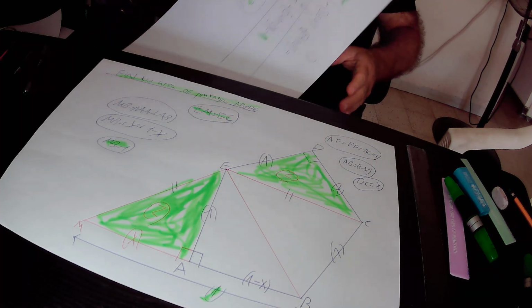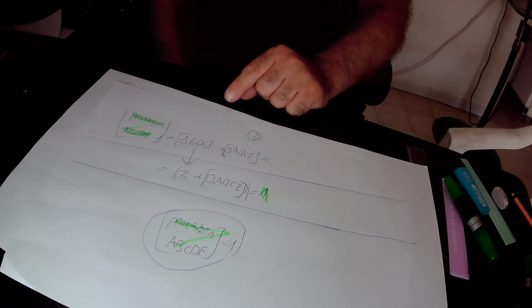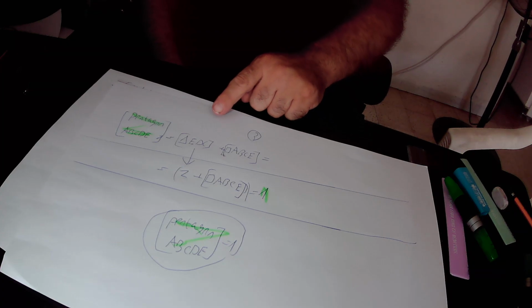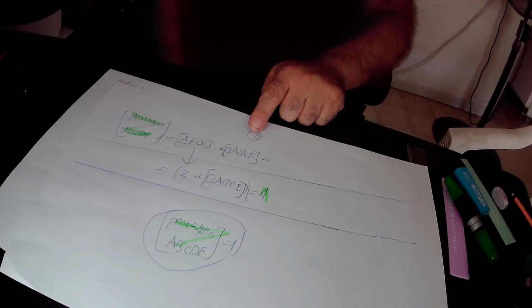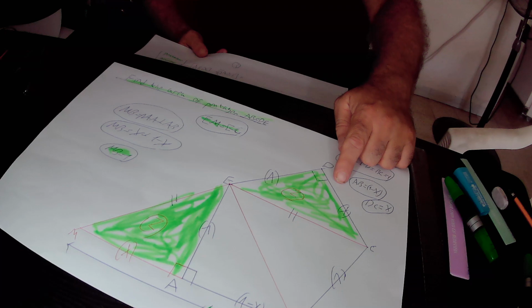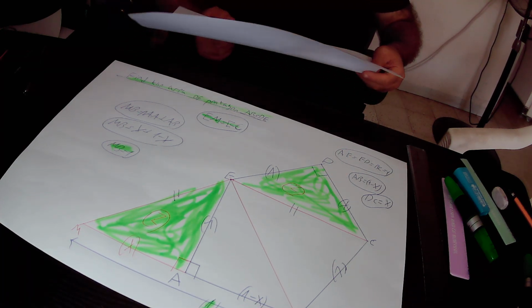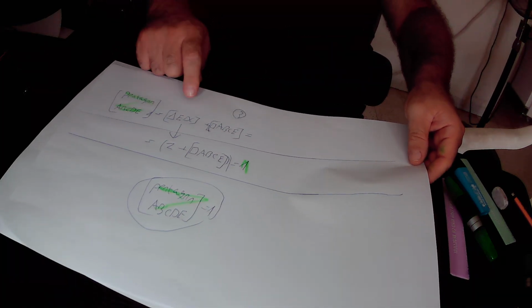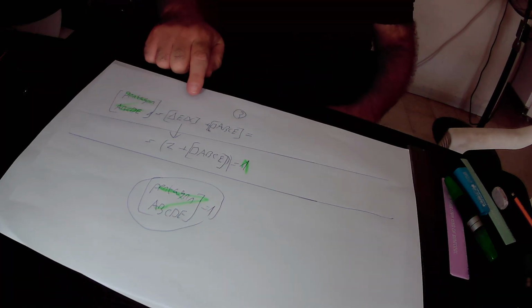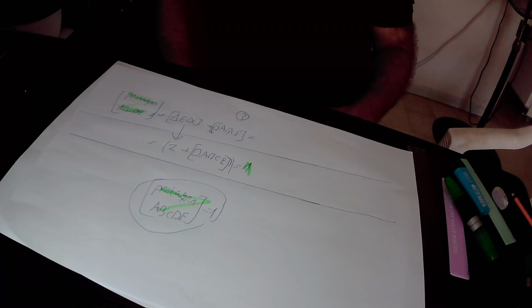Again, the area of the big pentagon ABCDE must be equal to the sum of the areas of the two shapes it consists of: the green right triangle EDC plus the area of quadrilateral ABCE. But we already found out that the area of this green right triangle EDC equals Z. So we can substitute and get that the area of the big pentagon equals Z plus the area of quadrilateral ABCE.